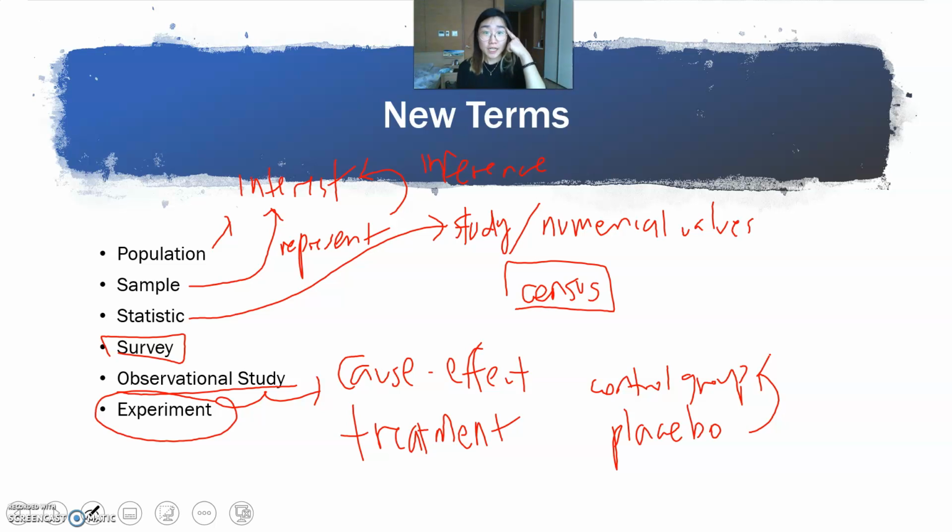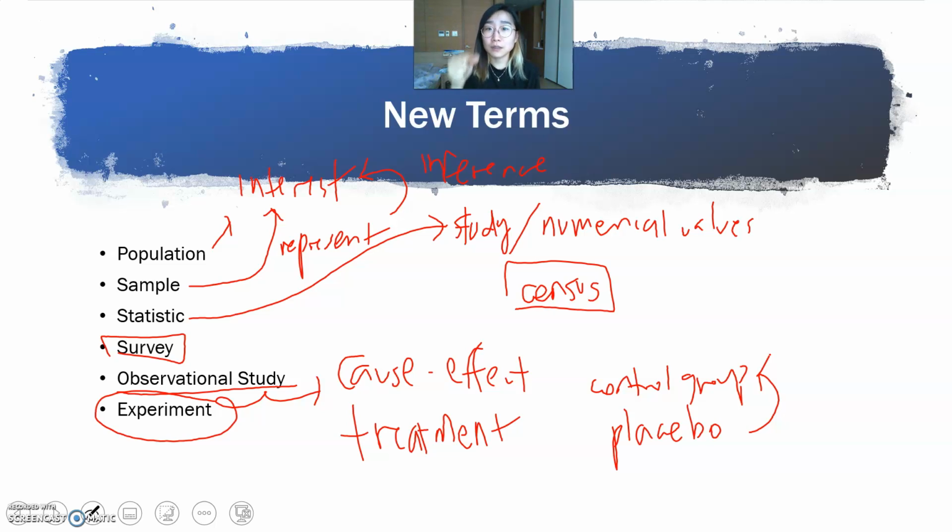Your mind is very interesting and it does a lot of different things. If you are receiving a medicine, even though it's a sugar pill with no active ingredient in it, by taking the medicine your brain might think, oh, this will heal me, and it actually heals you, right? So scientists have observed the power of the mind.